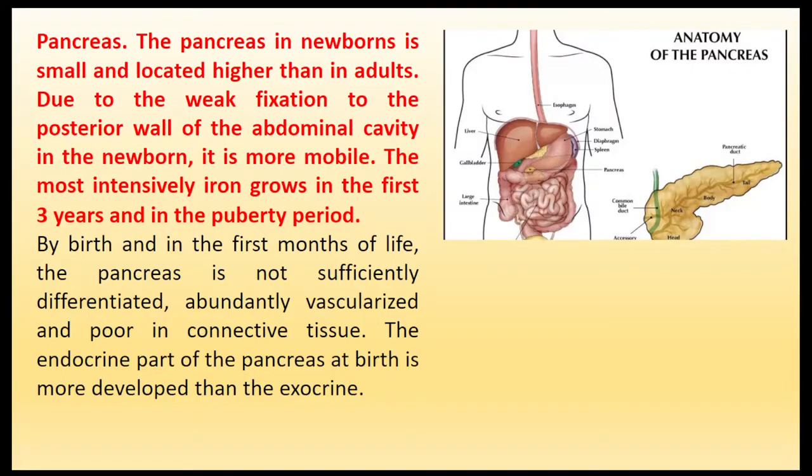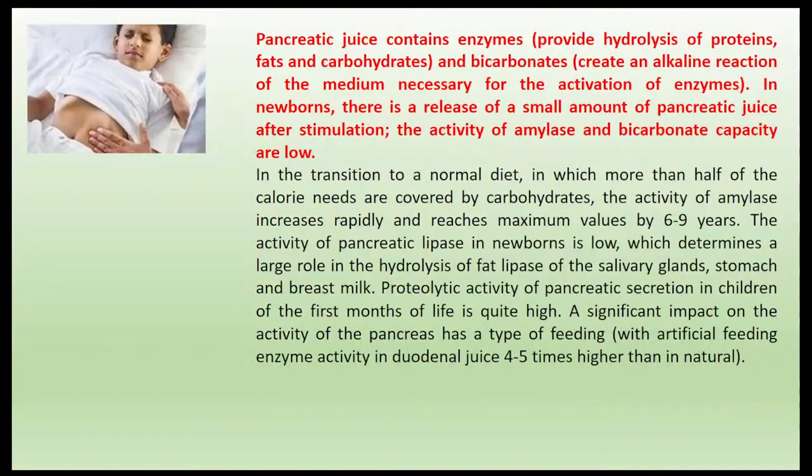The endocrine part of the pancreas at birth is more developed than the exocrine. Pancreatic juice contains enzymes that provide hydrolysis of proteins, fats, and carbohydrates, and bicarbonates. The alkaline reaction of the medium is necessary for activation of enzymes.